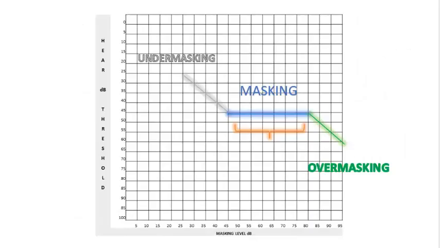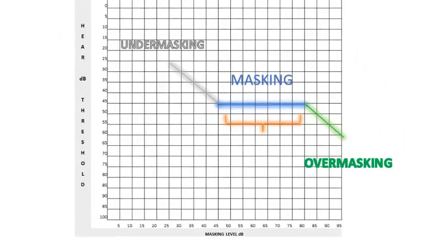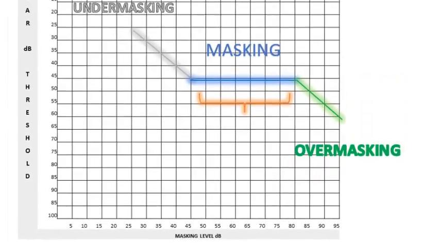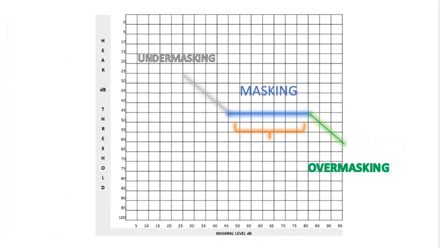This would be helpful for us during masking because it would mean we could really increase the masking level, and if the person was responding to the earlier test tones, the increases in masking would not interfere with their responses. They'd still hear our test tones even with higher and higher levels of masking. This is the plateau part of the graph right here. An ear like this would be easy to mask and easy to test accurately.